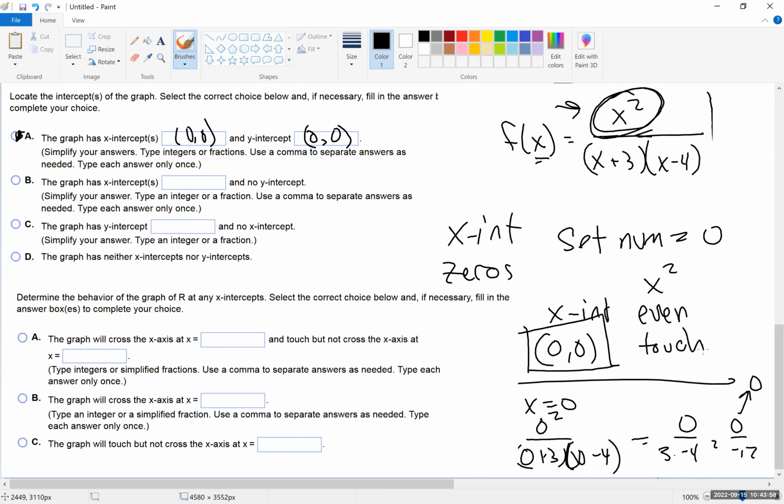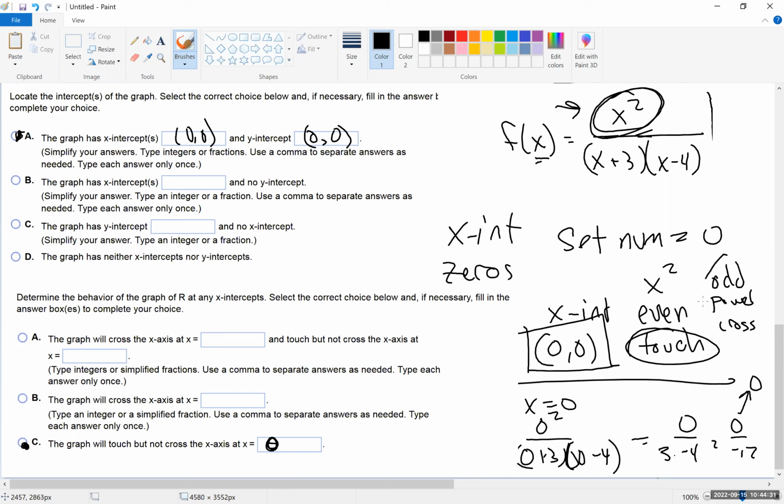They use the word touch. The graph will cross? No, it doesn't cross. The only thing it does is touch at 0, 0. The graph will touch, but not cross at x equals 0. Perfect. Ours is C. If it's an even power, it touches. If it's an odd power, which we don't have here, it will cross. Odd powers cross.